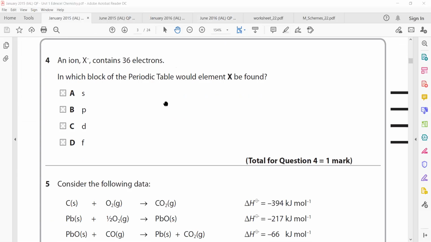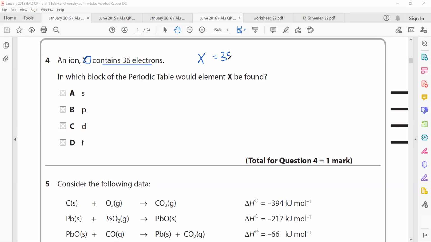For question 4, an ion with X minus contains 36 electrons. In which block of the periodic table would this X be found? So basically, X minus contains 36 electrons, but this is an ion.